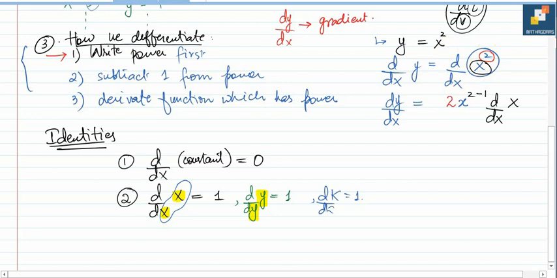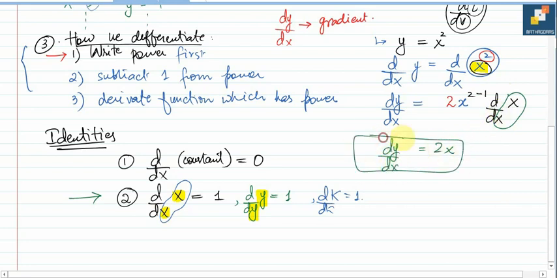The function which has power is x, so I need to differentiate x, and we discussed here that if these two variables are the same, that will be equal to 1. So now it will be 2x, 2 minus 1 is 1, and d by dx of x is 1. So that is your answer of dy by dx.